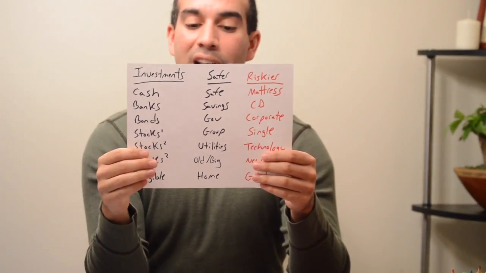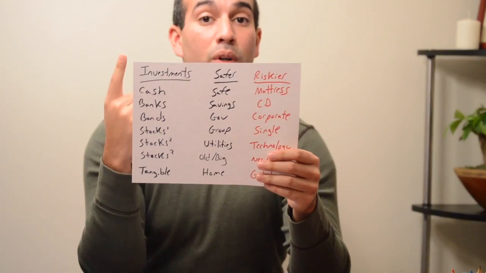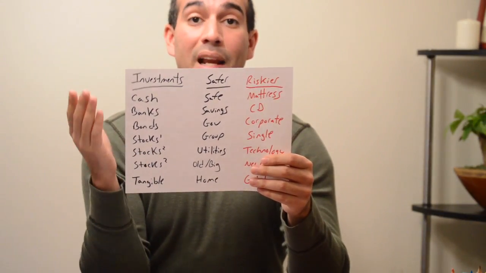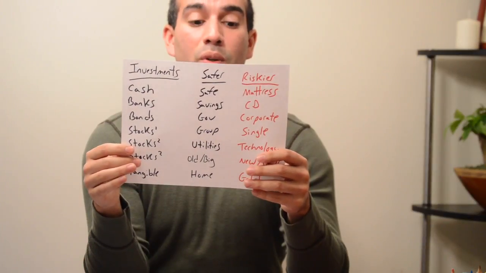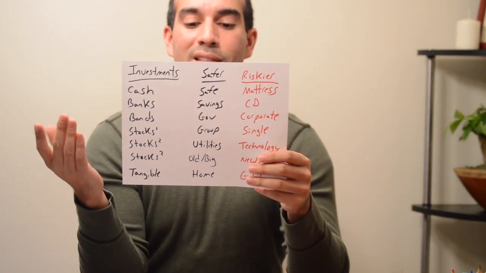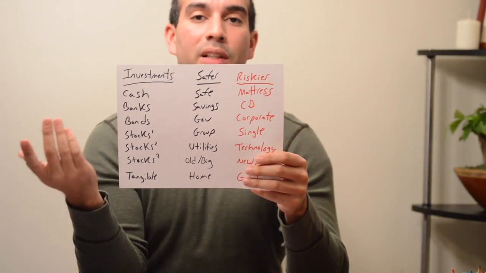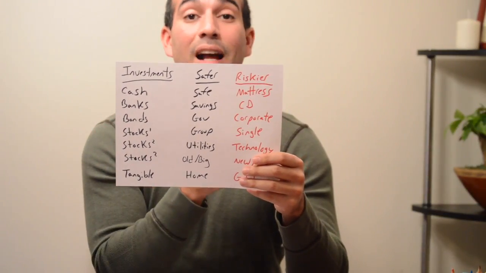Now another layer of stocks, if we just look at an individual company, for example, there's all kinds of companies out there. So depending on the company you invest in also determines the risk. So for example, when you buy stocks, a lot of people say utilities are safer than say technology stocks.